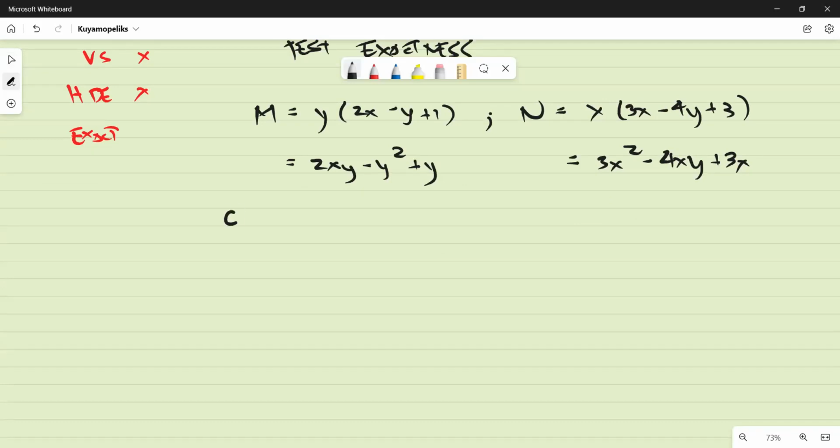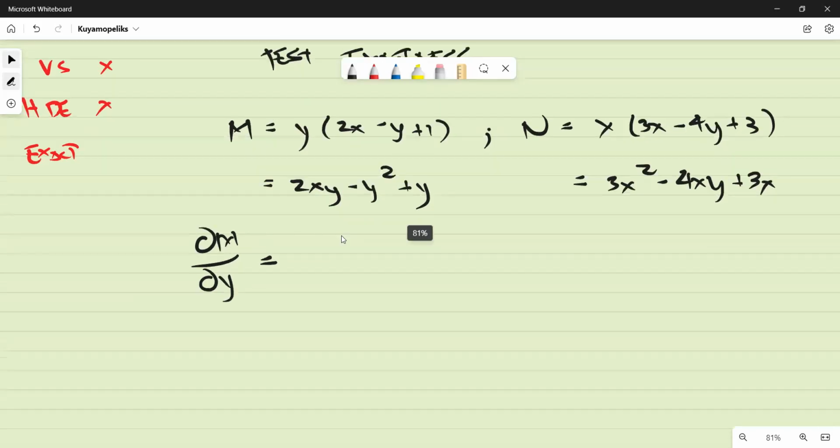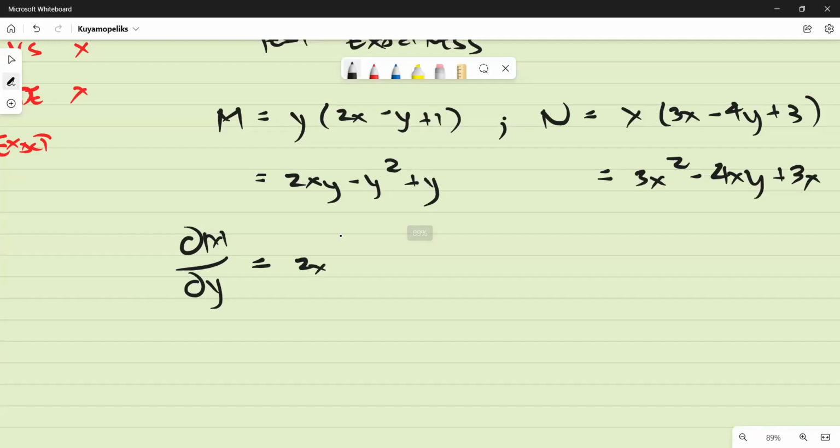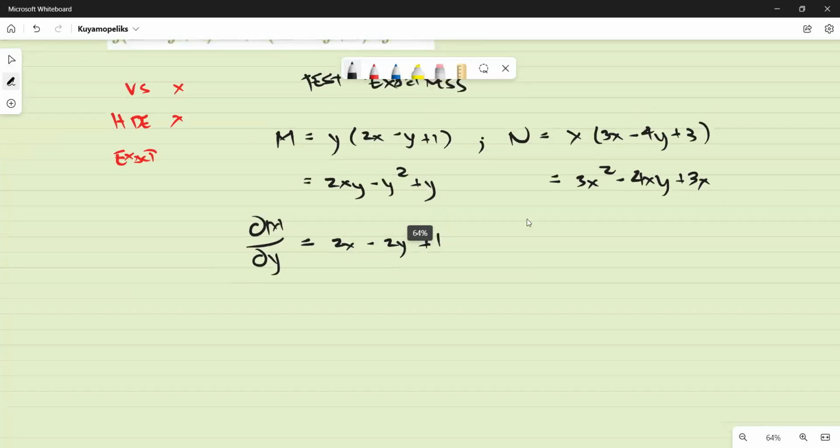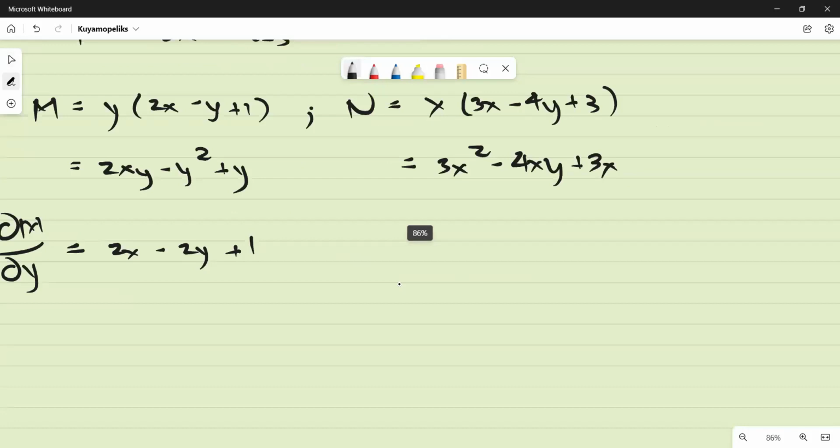For M, it is with respect to y, so x is constant and we differentiate y. This is 2x, since the derivative of y is 1, minus 2y plus 1.